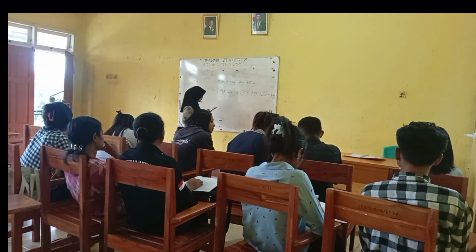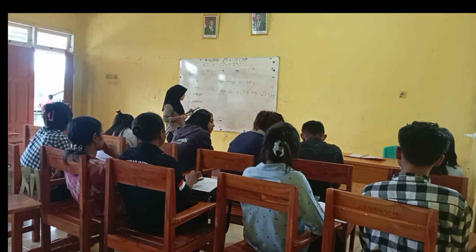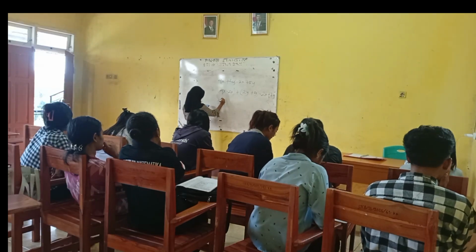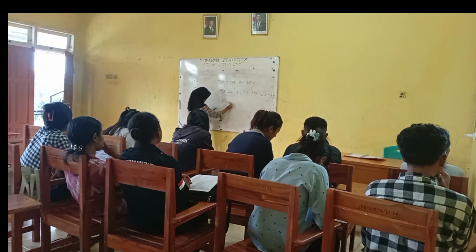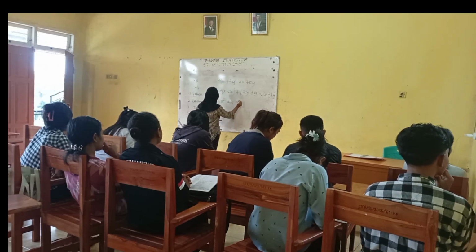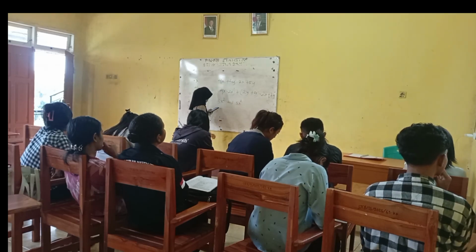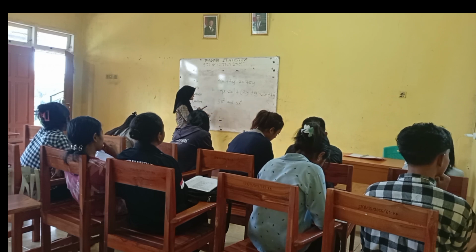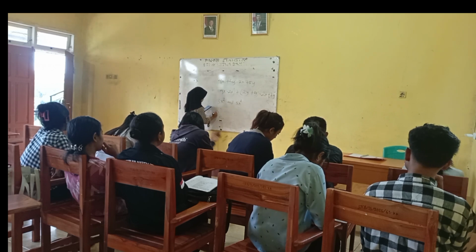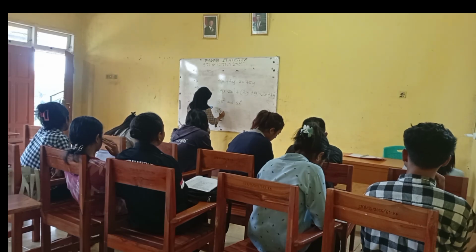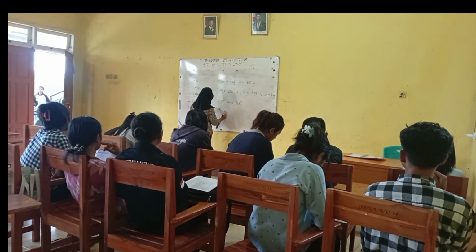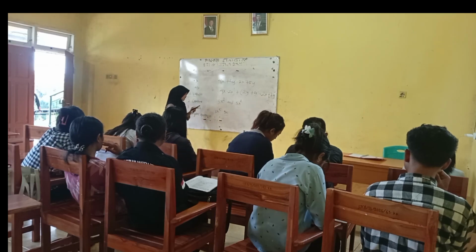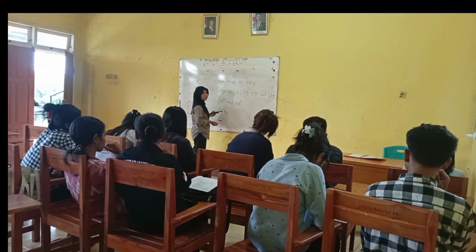The exponent of the variable must also be the same. So 3x squared and 5x squared are like terms, but 3x squared and 5x are not like terms because their exponents are different.